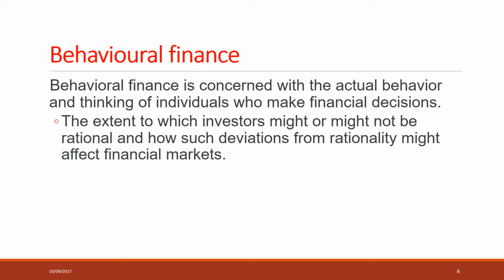So in the next few slides, we'll be introducing the theoretical framework of behavioral finance. We first look at the theoretical predictions of a rational investor. We then move on to prospect theory, which is the foundation theory of behavioral finance.